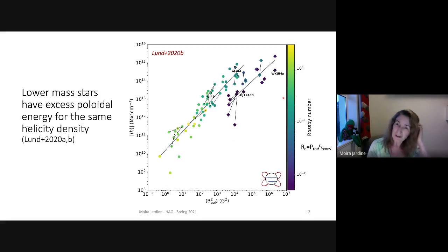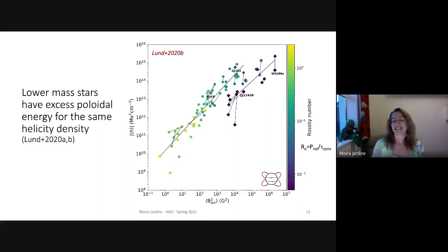All the stars, or most of the stars, with masses above half a solar mass lie on this branch, and the other branch is the lower mass star branch. So what we see is that if we choose some helicity density, there are two possible values of the poloidal energy. You can either have a low energy state or a higher energy state for the same helicity.